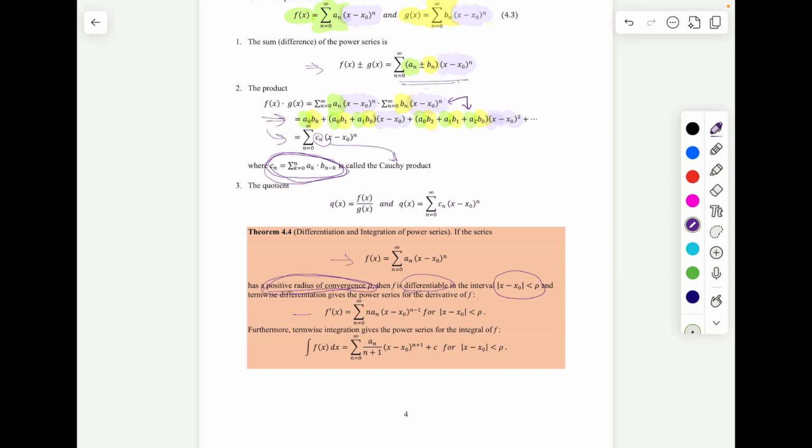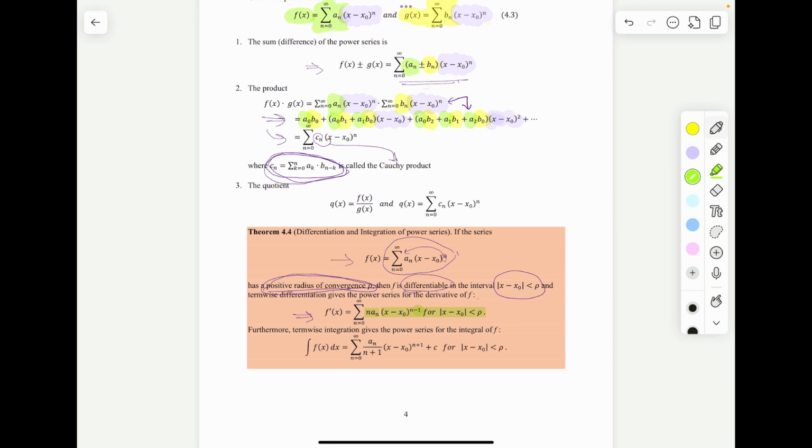So when you differentiate this power series, of course you bring this n to the front, the power, and then you minus the power with 1. So that's why here we multiply with n and then we minus the power with 1. Okay, that is for differentiation.